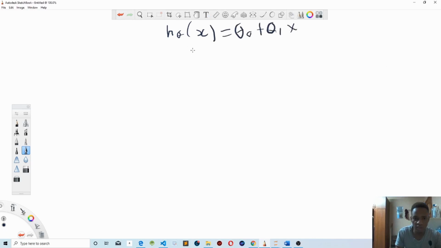So let's say in this case theta 0 is equal to 0, and theta 1 is equal to 1.5.